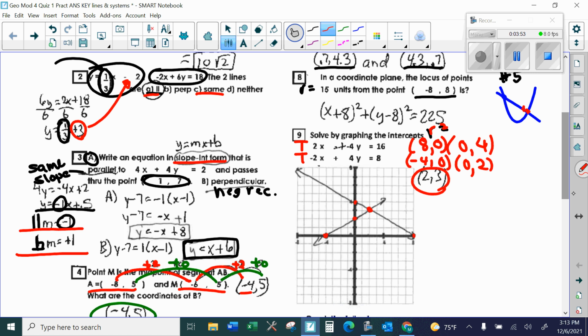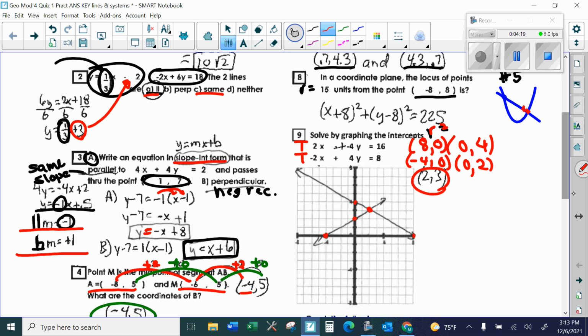So there are my two slopes, and I'm going to start with point-slope form, because I have a point and I have the slope now. So I fill in point-slope form: y minus 7 equals negative 1 times the quantity x minus 1. Distribute the negative 1 through there, and I get negative 1x plus 1, and I add the 7 across. 1 plus 7 is 8, so y equals negative x plus 8.